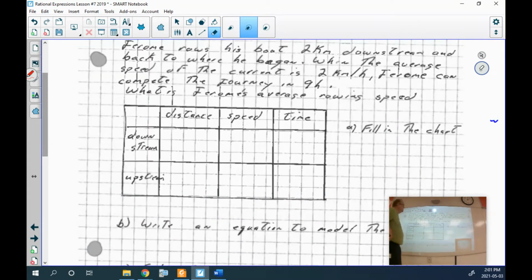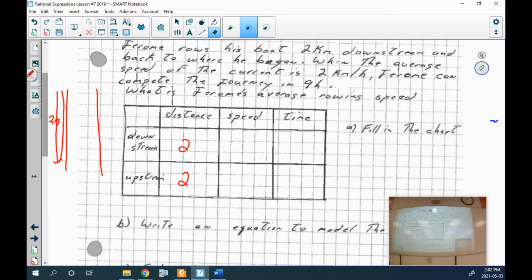Jerome rows his boat 2 kilometers downstream and then back to where he began. When the average speed of the current is 2 kilometers per hour, Jerome can complete the journey in 9 hours. So what we have is the distance that he rows downstream and then upstream is 2 kilometers each way, because he's going down 2 and then coming back 2.